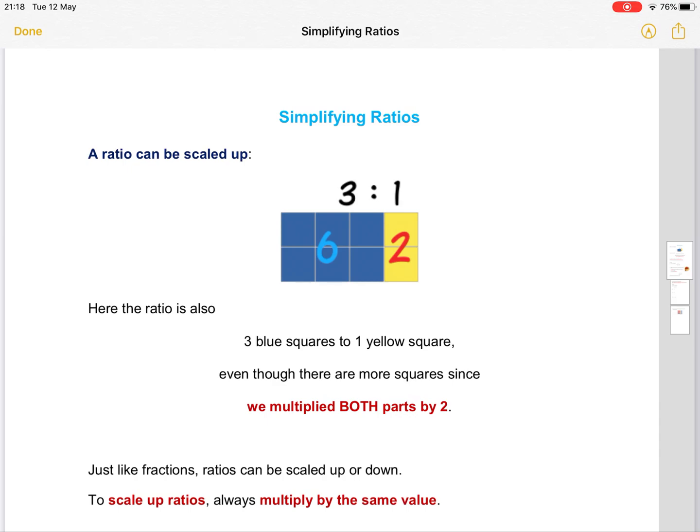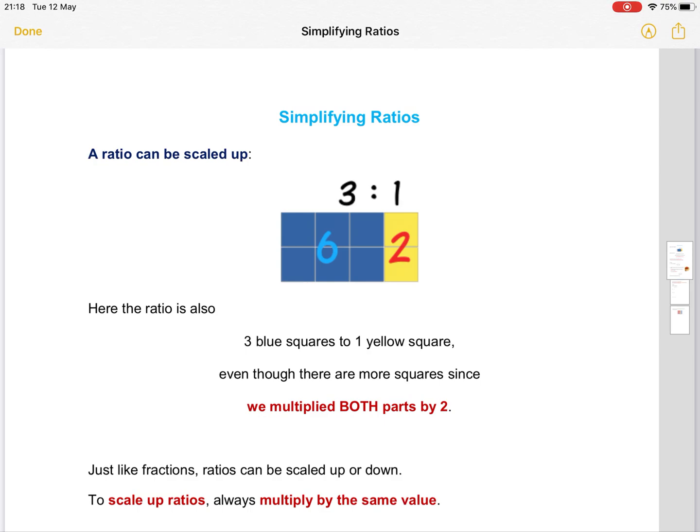So a ratio can be scaled up, can be enlarged. Here, the ratio is also 3 blue squares to 1 yellow square, even though there are more squares, since we have multiplied both parts by 2. So 3:1 and 6:2 are equivalent ratios because we multiplied both parts by 2.